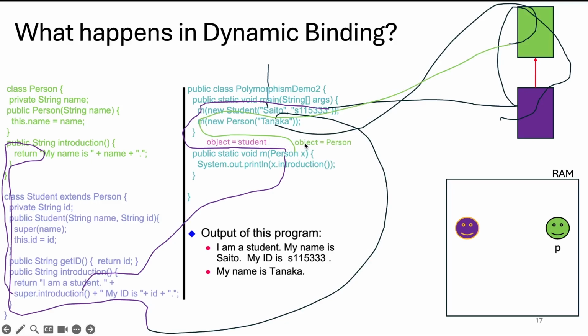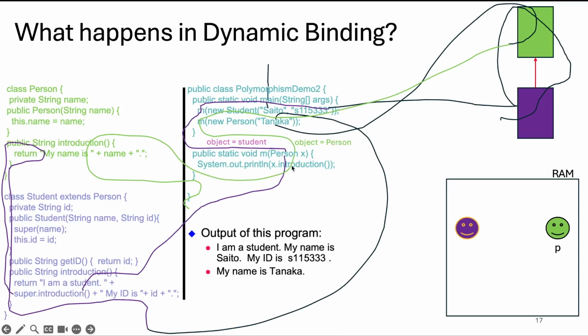Now the object inside is a Person object. Since it is a Person object, the compiler allows it to enter into the m method. Then after coming inside the m function, here there is x.introduction. Since the object is a Person, the compiler will not go down.